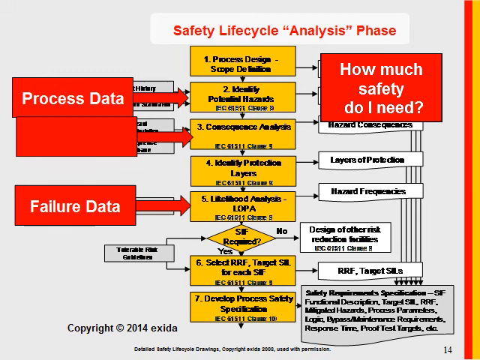When we do our likelihood analysis, we need to know how often things fail. We need to know failure frequencies. And when we do our consequence analysis, we need to know how our process is set up and what the impacts of certain events are, and that's where the process data comes into play. So there's a lot of input here from different data sources when we are trying to answer this question, how much safety do I need?